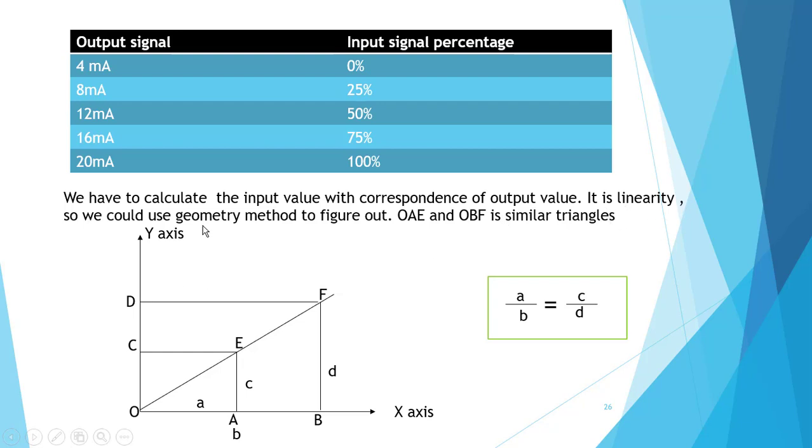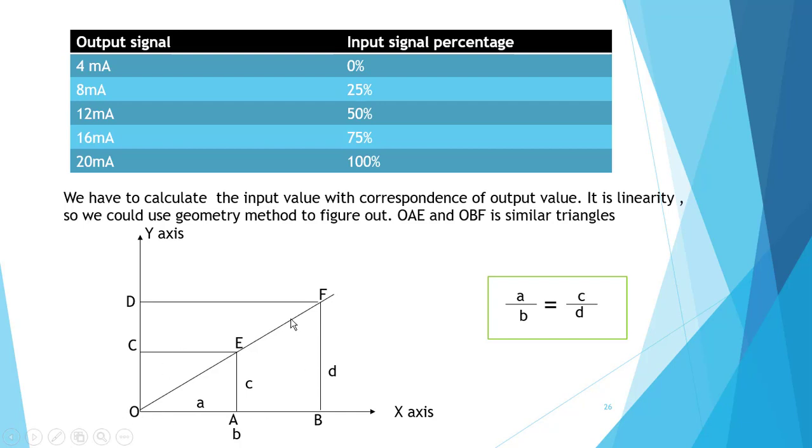So we can use the geometry method to figure it out. For example, this triangle OAE is similar to triangle OBF.